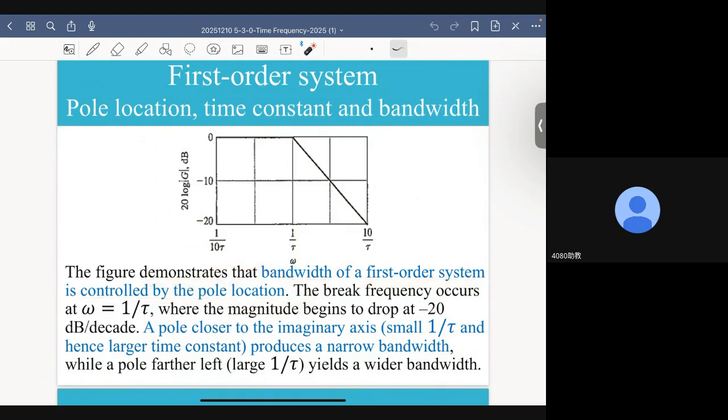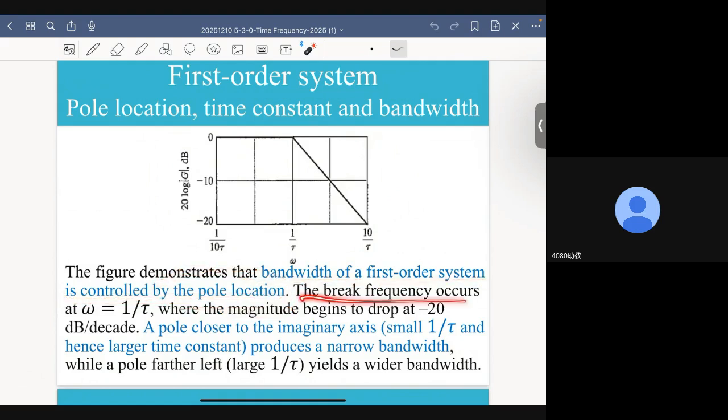Now remember, for the first order system under consideration, the pole is located here. So the distance between the pole and the imaginary axis is actually 1/tau. That is the reason why bandwidth is controlled by the pole location, at least for a first order system.